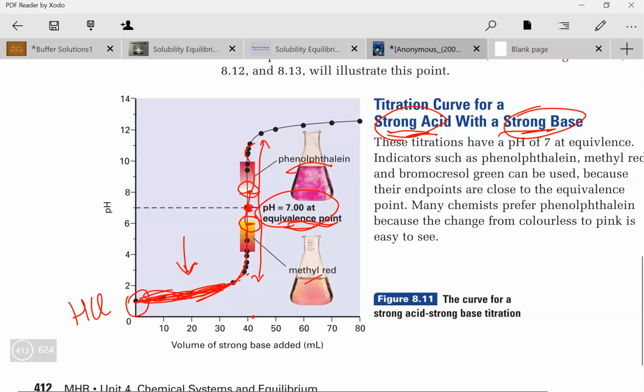Phenolphthalein and methyl red both don't have endpoints exactly at the equivalence point, but because it's a strong acid, strong base, and the volume added is going to be less than a drop, that difference is not going to matter. The pH at 7 will be almost indistinguishable from a volume standpoint from pH 8 or 7.8 or wherever phenolphthalein changes, or 5.6 wherever methyl red changes. So there is a difference between equivalence point and end point, but it's not major in this case because you have that sharp rise in pH.